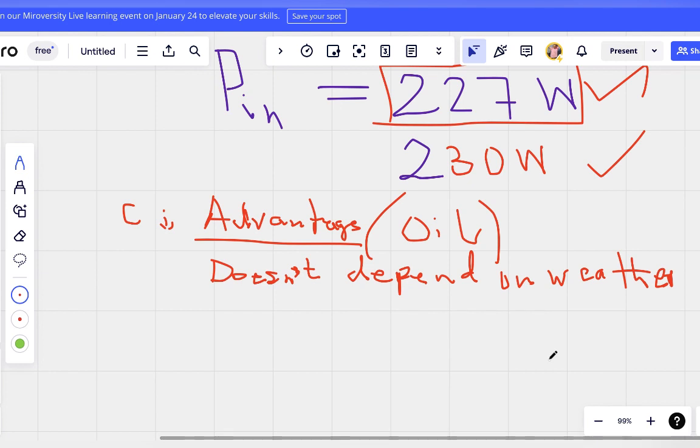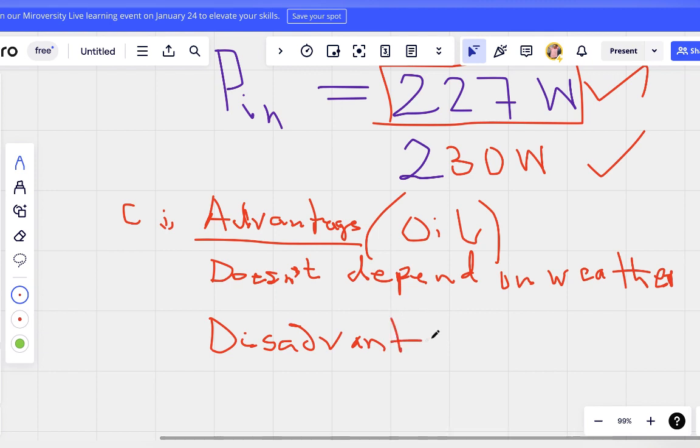So what would be the disadvantage? Pollution. When we say oil, we're talking about petroleum. Okay, pollution: SO2, CO2 gases, release of those gases to the atmosphere, which causes climate change. Disadvantage is pollution.